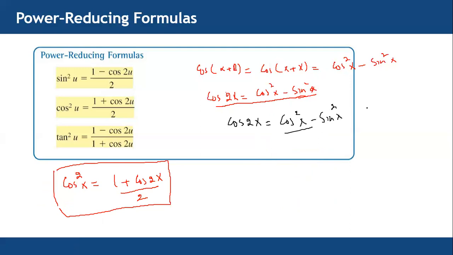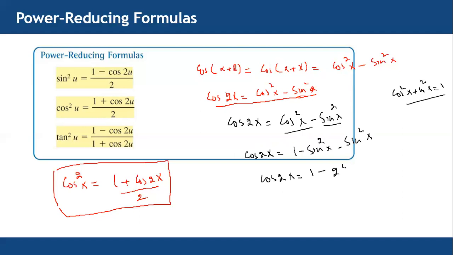If you replace cosine square with 1 minus sine square, from the formula cosine square x plus sine square x equal to 1, then cosine 2x equals 1 minus 2 into sine square x. Correct?